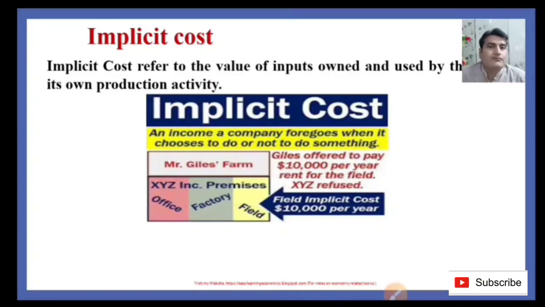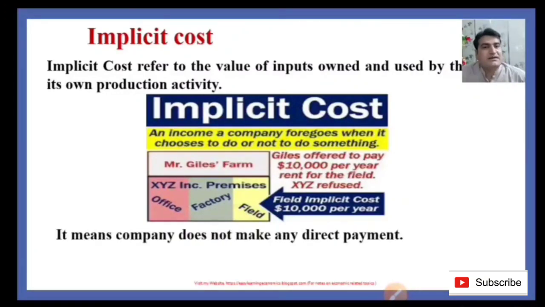For example, if Gills was offered $10,000 per year rent for the field XYZ, it means the field's implicit cost is $10,000 per year. It means the company does not make any direct payment in case of implicit cost, whereas in case of explicit cost, the company makes direct payment.